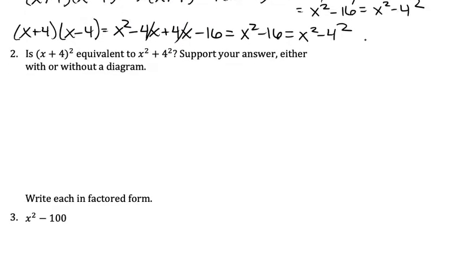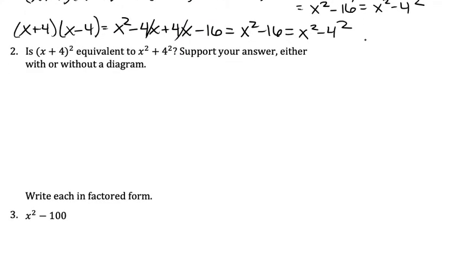Now question 2 is asking if x plus 4 squared is equivalent to x squared plus 4 squared. And this is a very common thing that people want to do, is just distribute the squared into both of these terms. However, if I draw my diagram, I can see why that doesn't work.